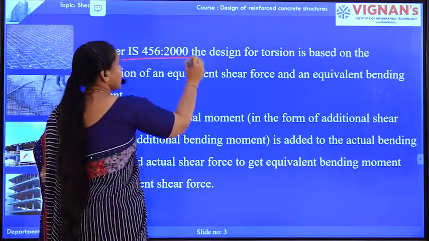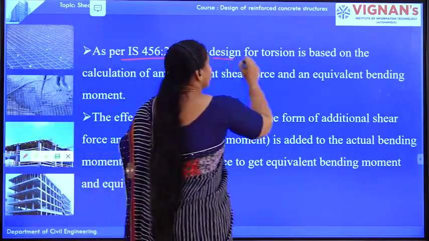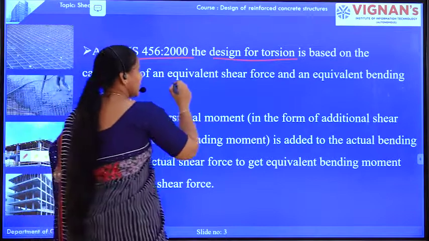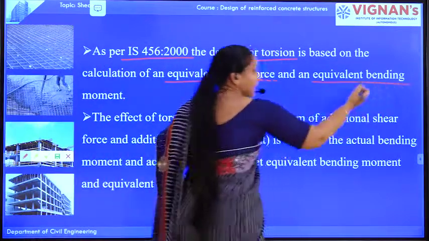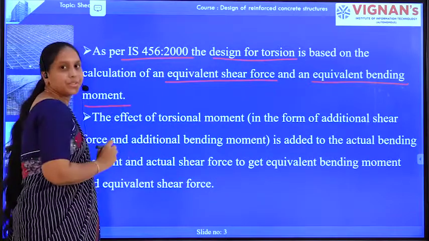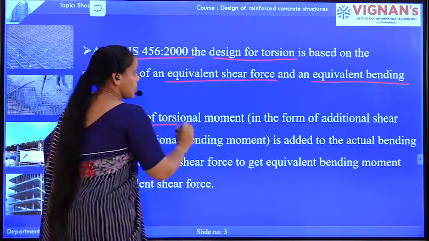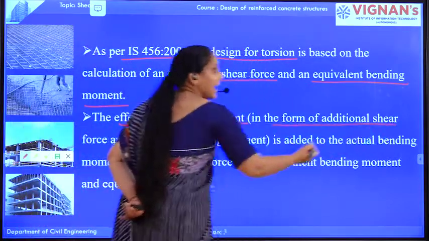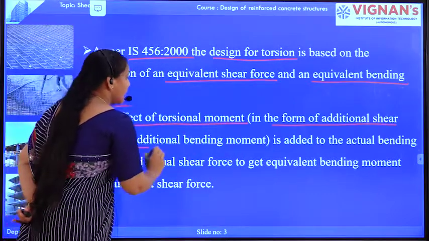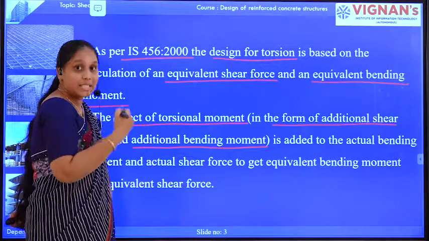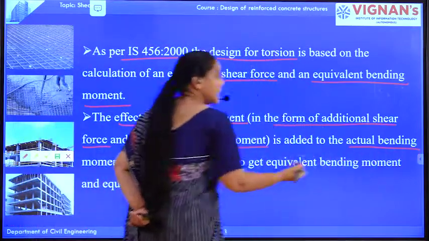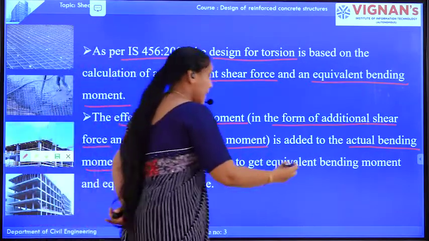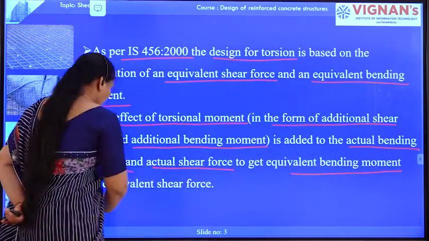As per IS 456-2000, in the design of torsion, the calculation for the torsion is based on the equivalent shear force and the equivalent bending moment. Here the effect of torsional moment is taken in the form of additional shear force and additional bending moment, which is added to the actual bending moment and the actual shear force. So we will get an equivalent bending moment and equivalent shear force.